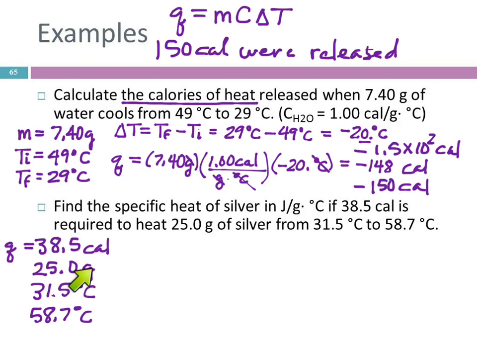Here we've got gram. Well, that must be the mass, right? And then we've got two temperatures. And so we need to look here from 31 to 58. So 31 is the initial, and 58 is the final.